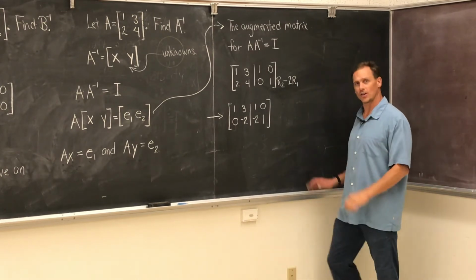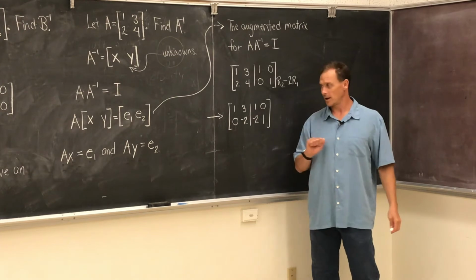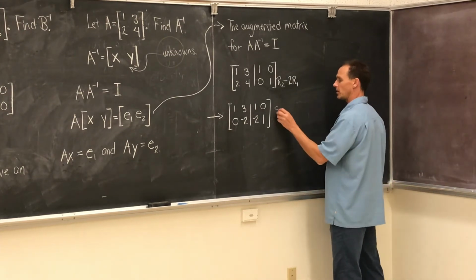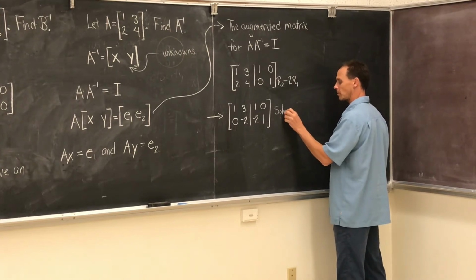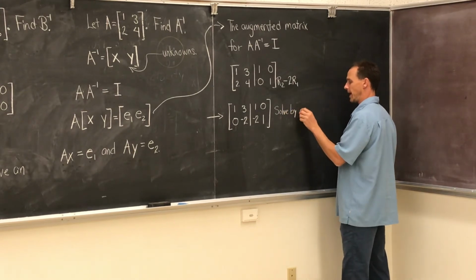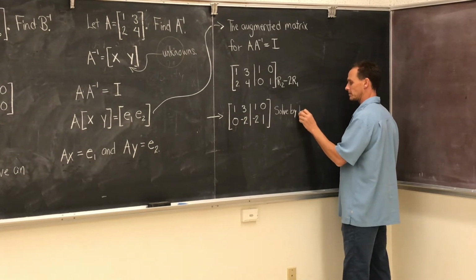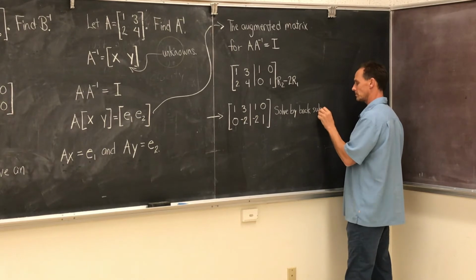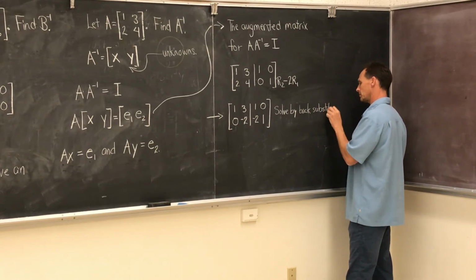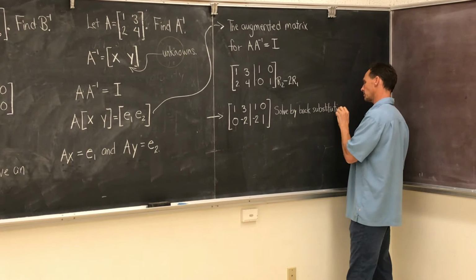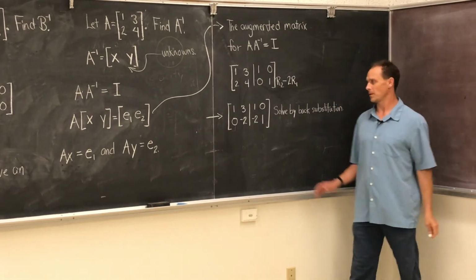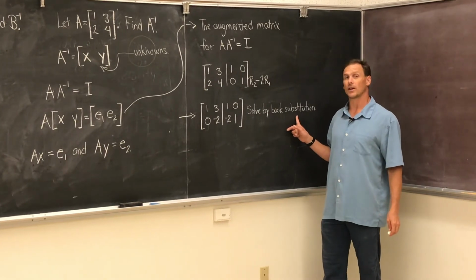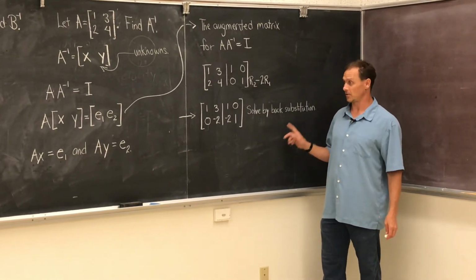Now, you could solve this here. You could. We could use back substitution. So here we could solve by back substitution. Solving by back substitution is actually what was proposed by Gauss.